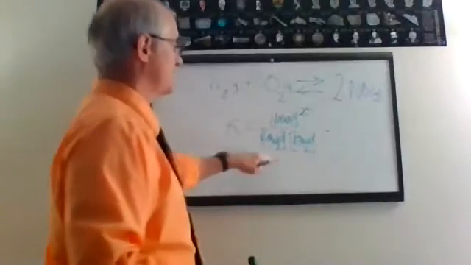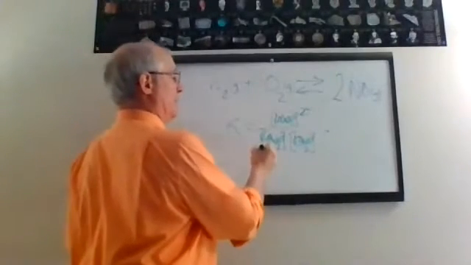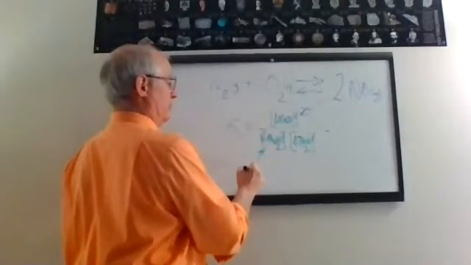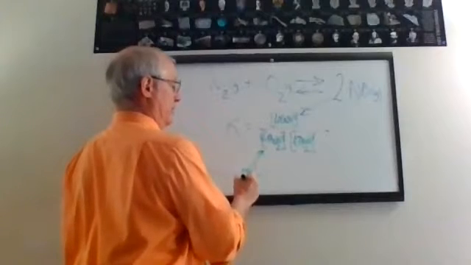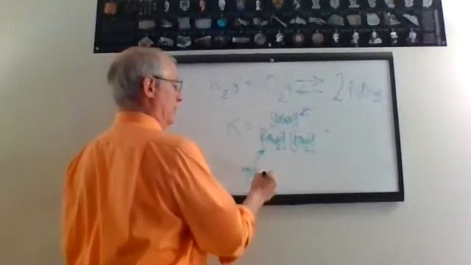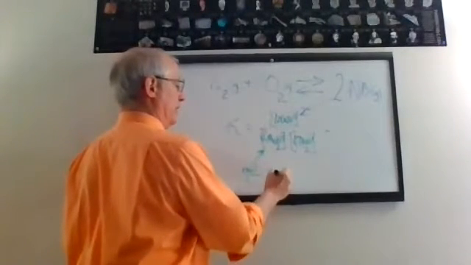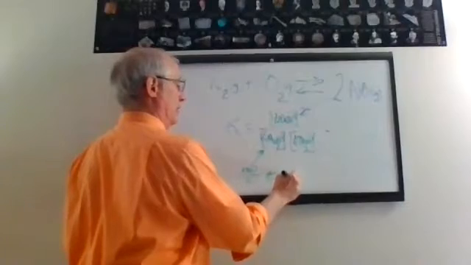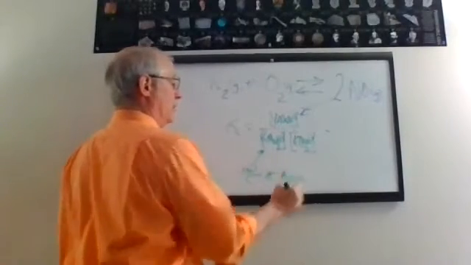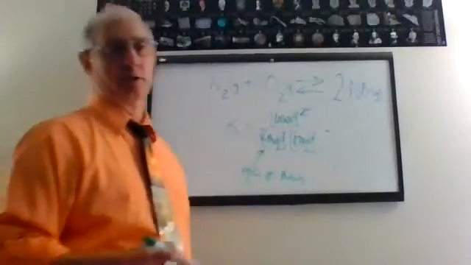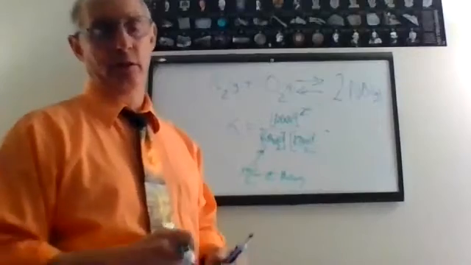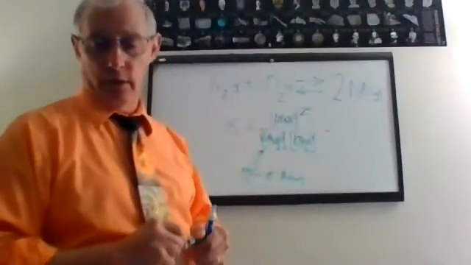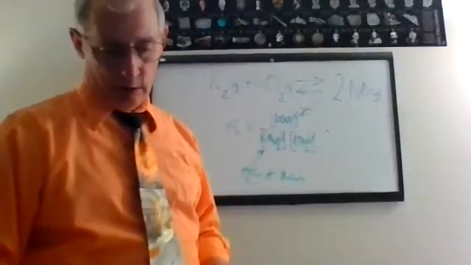And by the way, this is molarity. Those brackets mean moles per liter, or molarity. So the implication is these are solution reactions. The stuff has been dissolved in water.